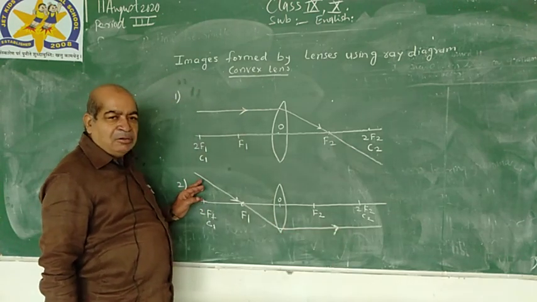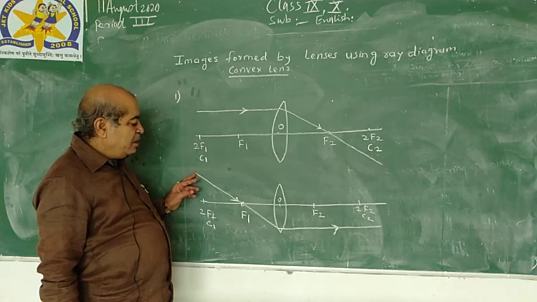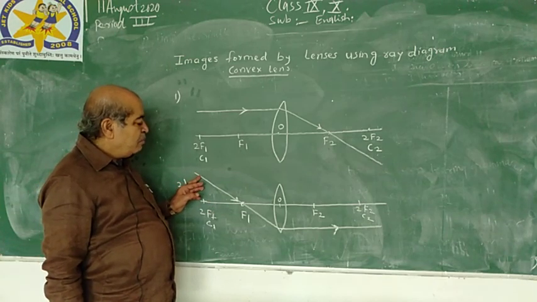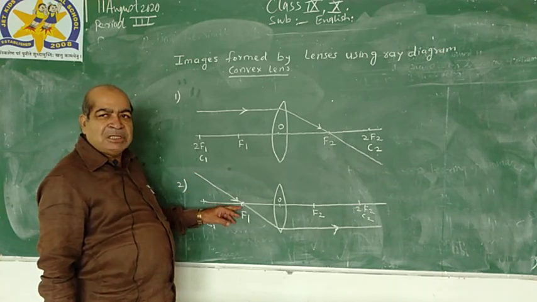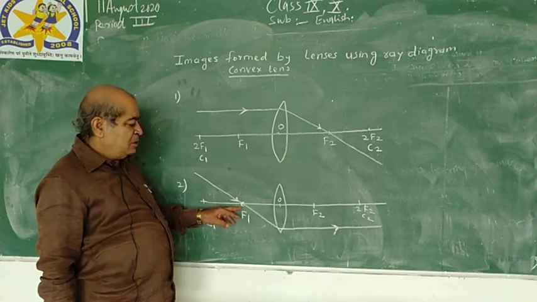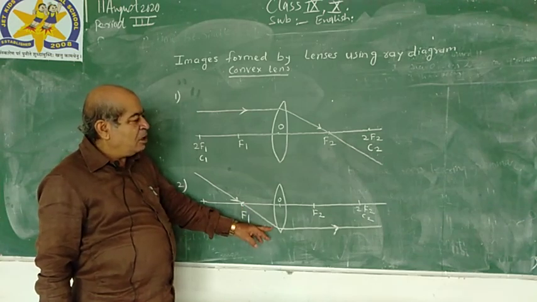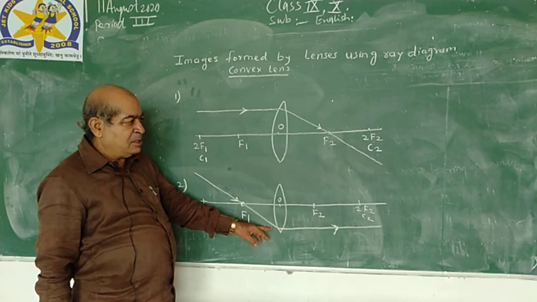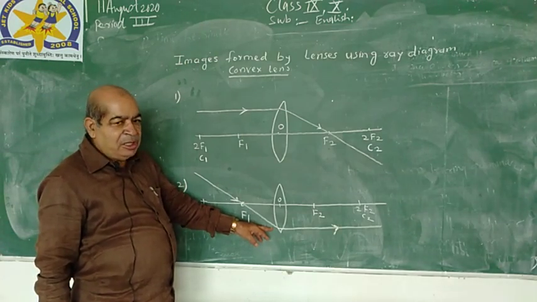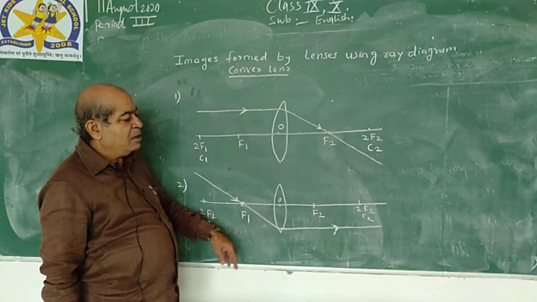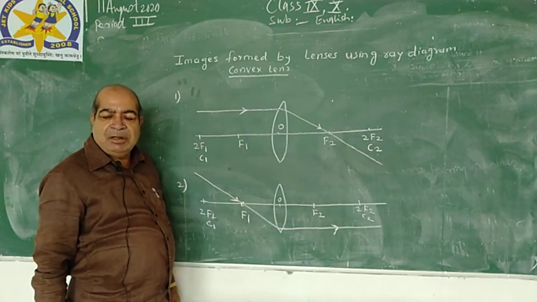The second rule is, when a ray of light passing through the principal focus is incident on the convex lens, after refraction it emerges parallel to the principal axis.